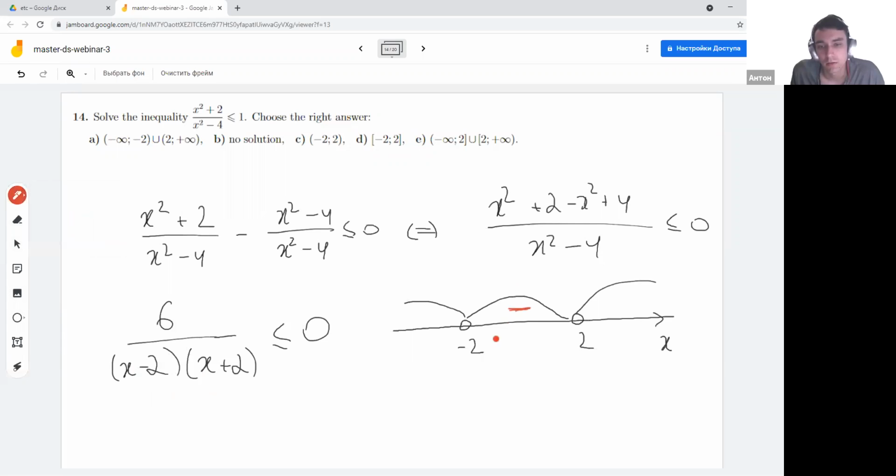So here the total value of the fraction is negative, and hence, since this is the point of the change in the sign of only one factor, here the fraction is positive, and here it is also positive. So our answer is this interval excluding the endpoints, which is written like this in mathematics. Hence, we know that the answer is C.